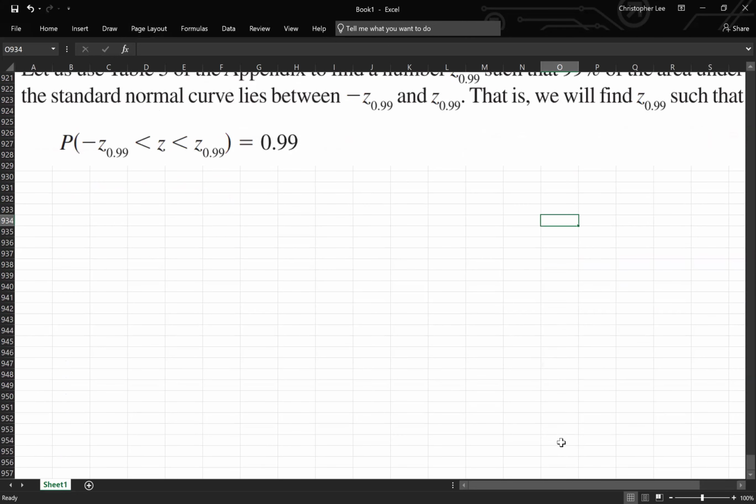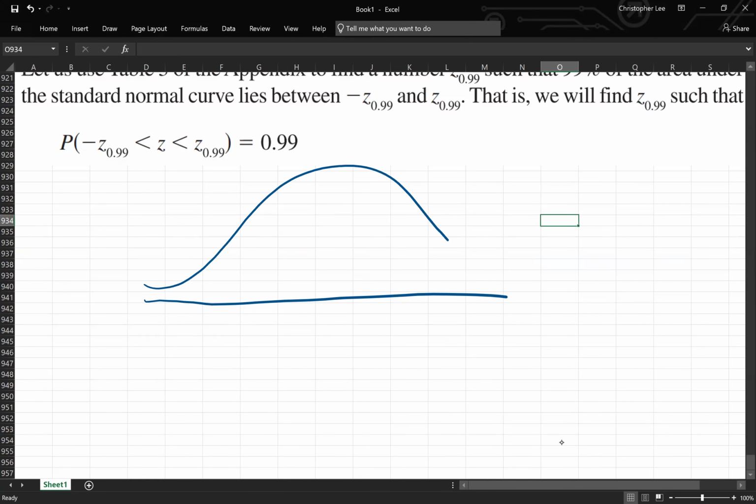Let me draw this real quick so you guys can get an idea. Say I have a normal distribution here. This is negative Z critical, and this is positive Z critical right here.